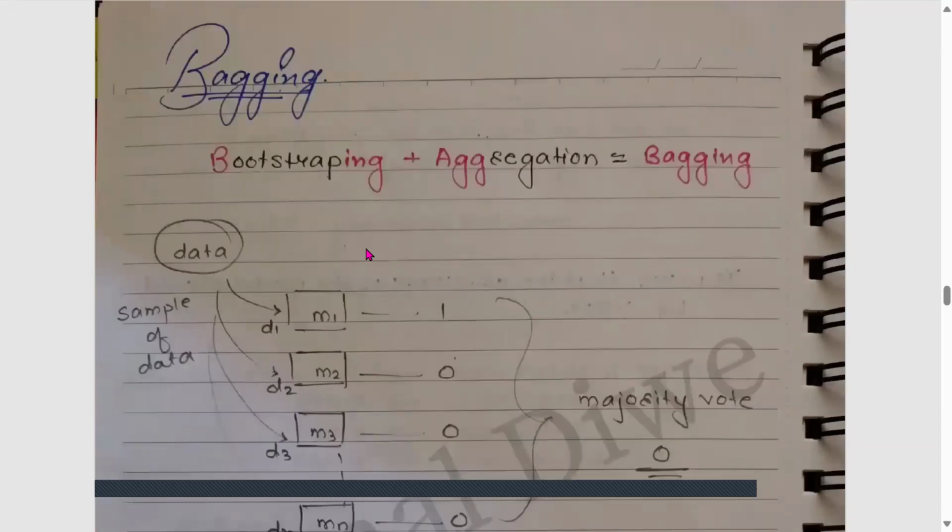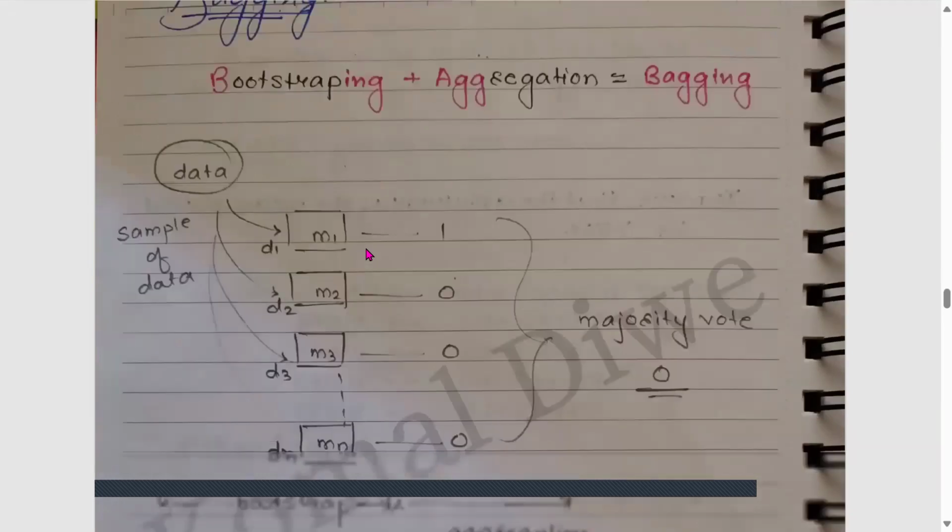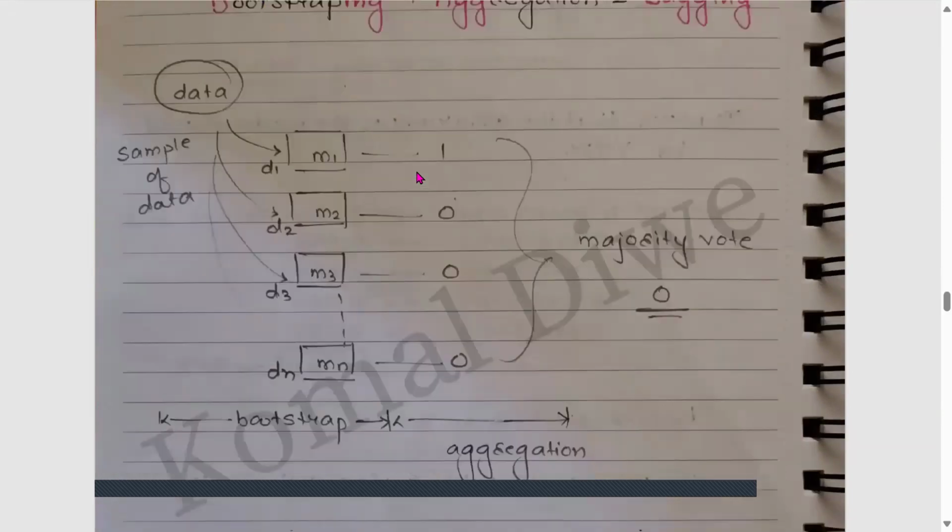Then data. Here we are using chunks of data. As per the given example, we use D1 for the M1 model, D2 for the M2 model, D3 for the M3 model, and they have assumed this is a classification problem.